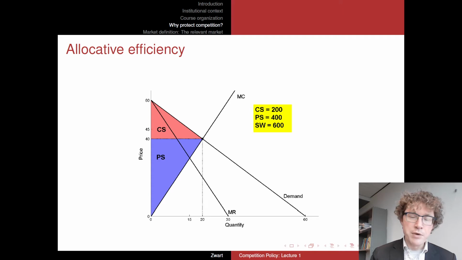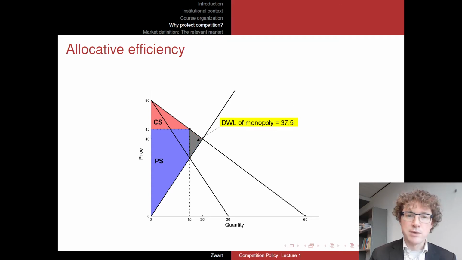So what a monopolist would do instead, somebody with market power, without full competition, is restrict its quantity to the monopoly quantity and make the price go up a little bit. The monopoly quantity, of course, is related to the point where marginal revenue equals marginal cost.